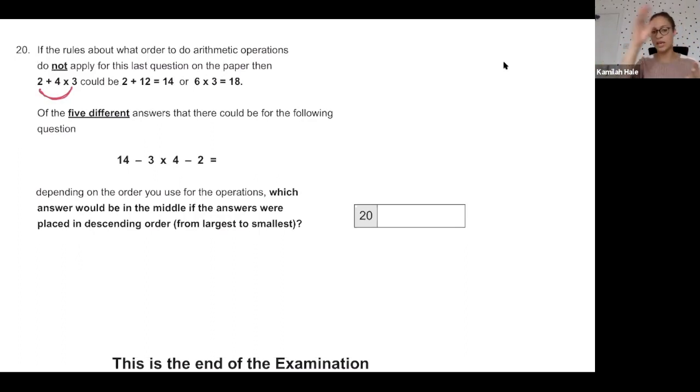You can't skip a number, but you can start anywhere you like. So you could start by doing the 4 minus the 2 and then work backwards, or whatever you like in that respect. So start working out the different ways that you can figure that out. You should get 5 different answers.